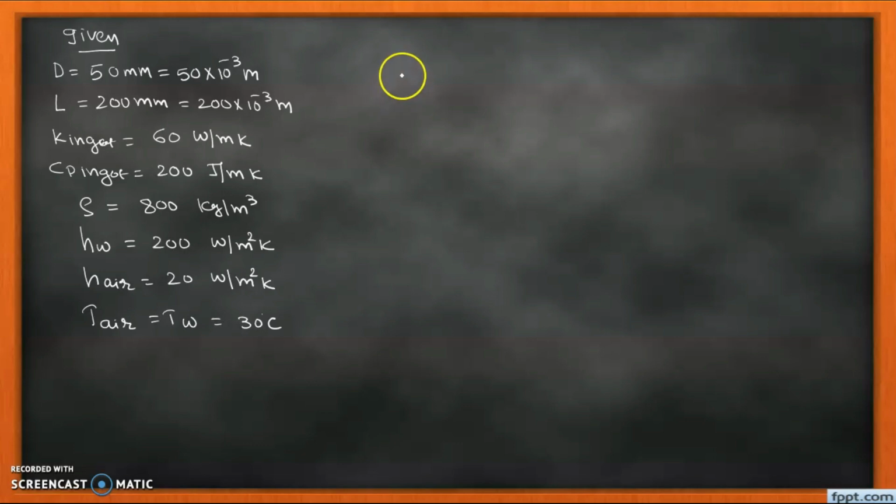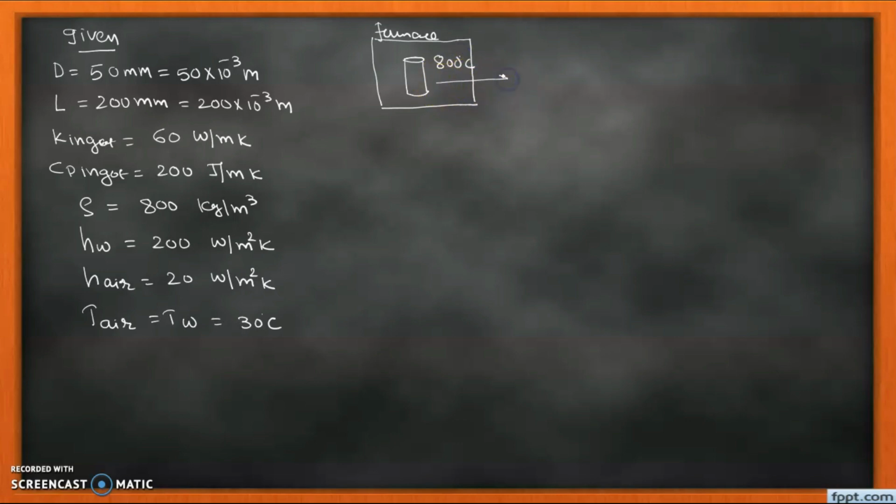So students, first we understand what exactly the situation is. Suppose I am drawing the furnace. This is a furnace. We have the cylindrical ingot that is heated in this furnace at 800 degrees centigrade.